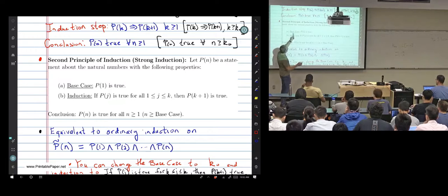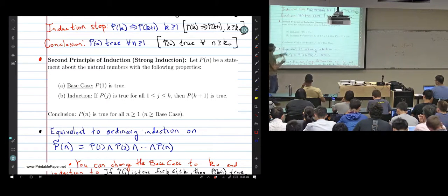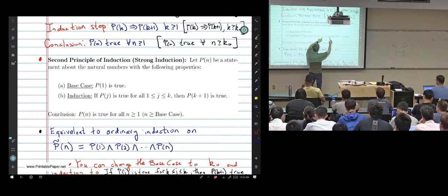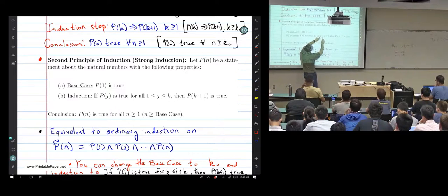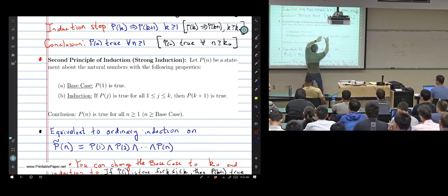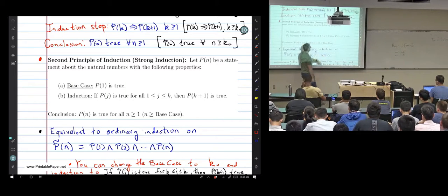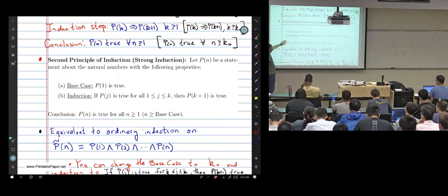In that one, you have this statement, and you have a base case, but the induction step is you say, everything from k back to the base case, all of those statements being true implies the next one, k plus 1, is true. Then you get everything is true.